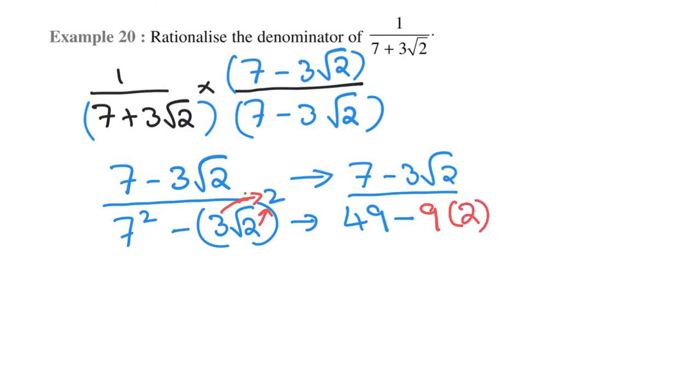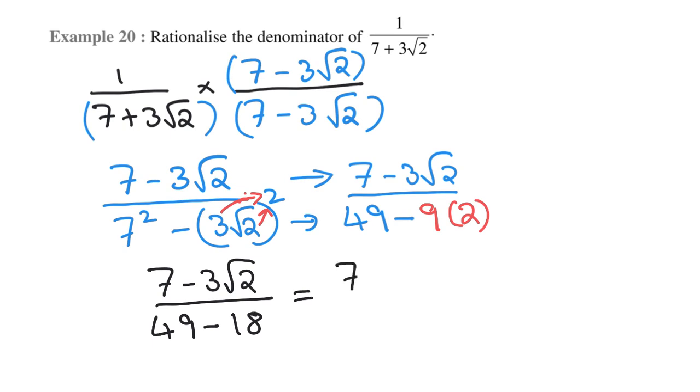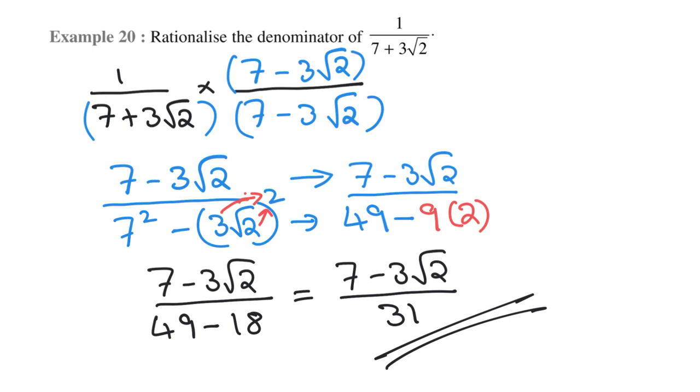So our next step, the numerator is the same, 7 minus 3 root 2, divided by 49 minus 9 times 2 is 18. And what's the next step? The numerator is still the same, divided by 49 minus 18 is 31, and the denominator has been rationalized.